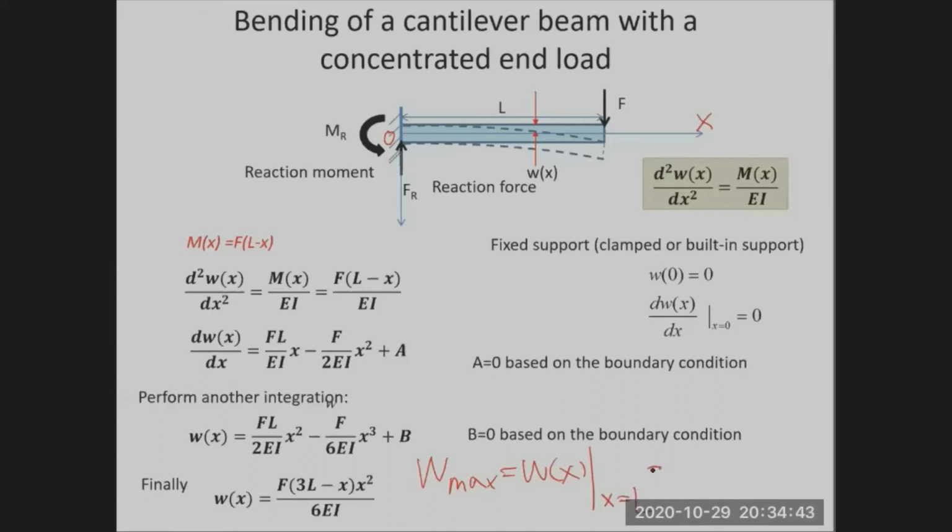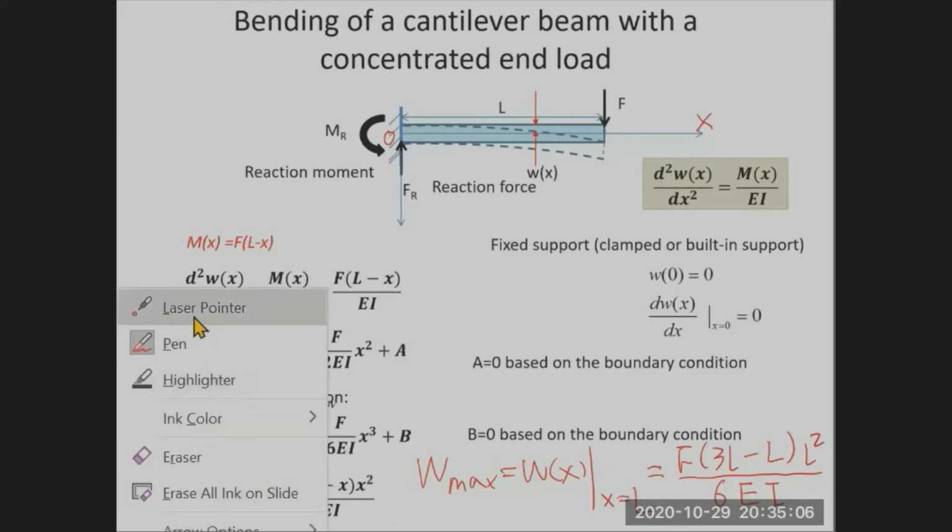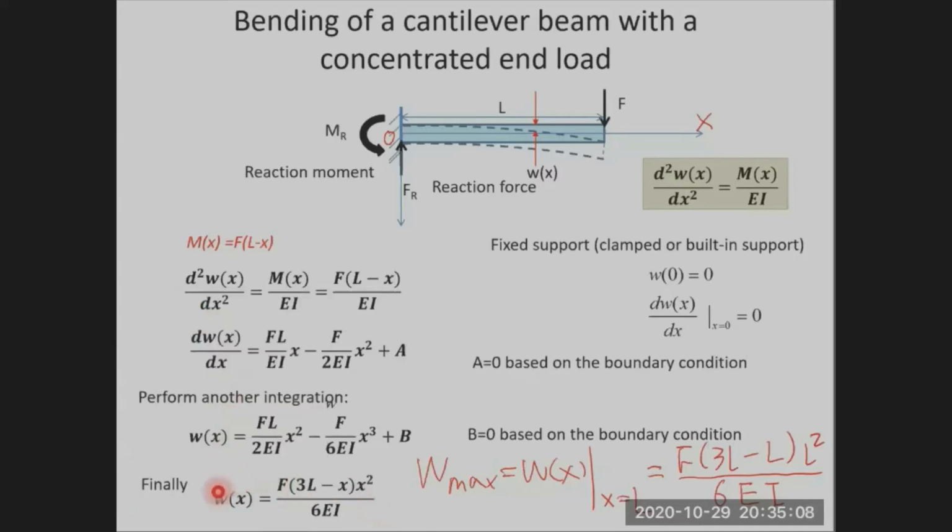So it's equal to F over 6EI times (3L minus L) times L squared. So you can finish the calculation by yourself. That's the maximum displacement of the cantilever beam. But we actually can calculate the displacement at an arbitrary position using this result. w is a function of x.